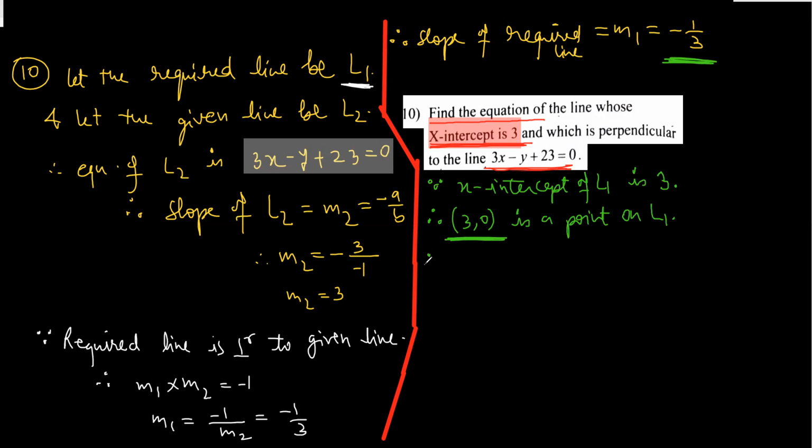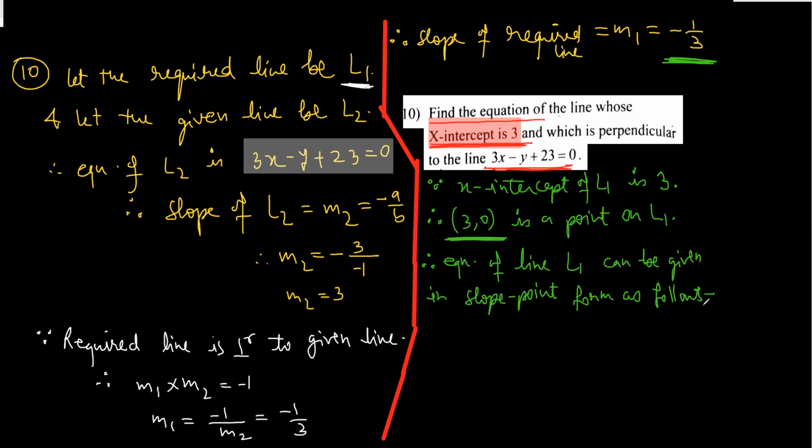Therefore, the equation of line L1 can be given in slope point form as follows. You will write y minus y1 equals m into x minus x1. What is y1 here? y1 means the y coordinate of the point on the line, that is 0.